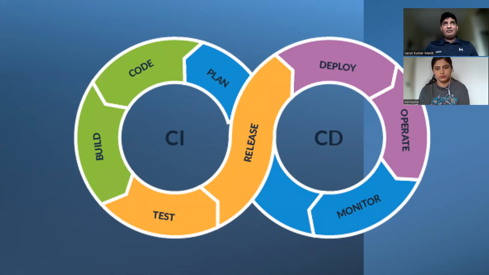And when I say the DevOps team, it will cover the developer, the tester, as well as the system administrator. So we can mix all those people, and then the DevOps team will be created. Each and everyone has the responsibility for their own job, but they must be aware of this entire cycle, right?